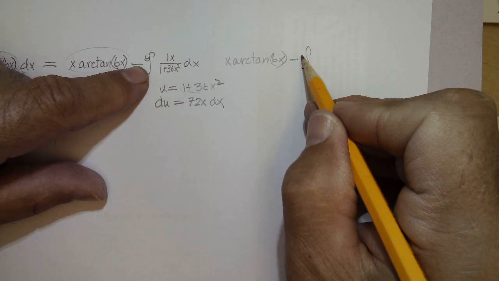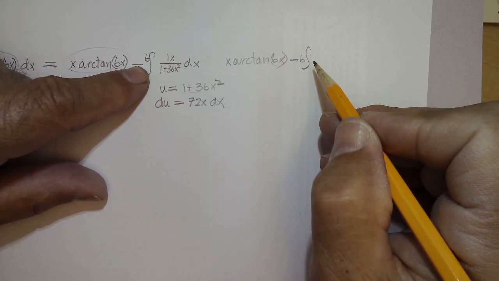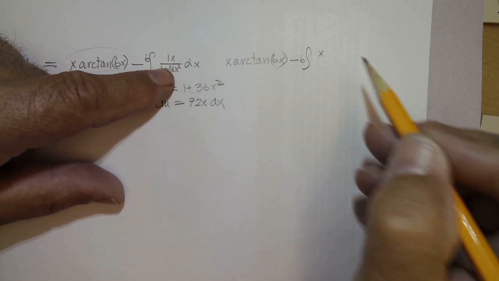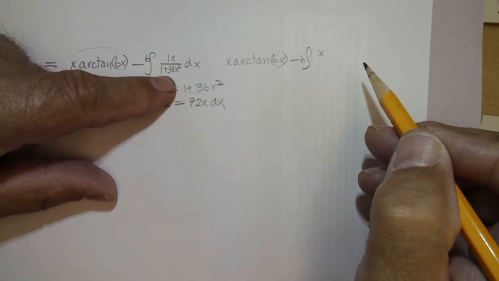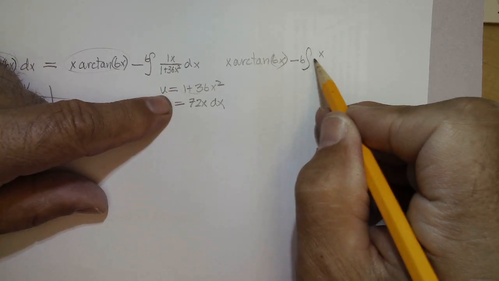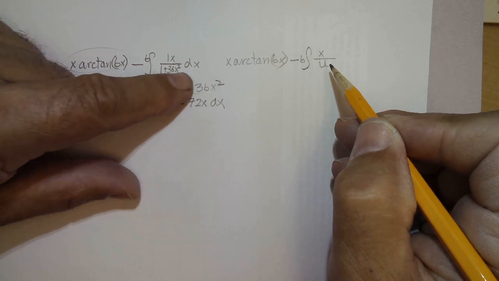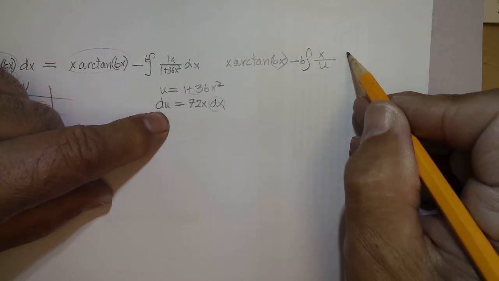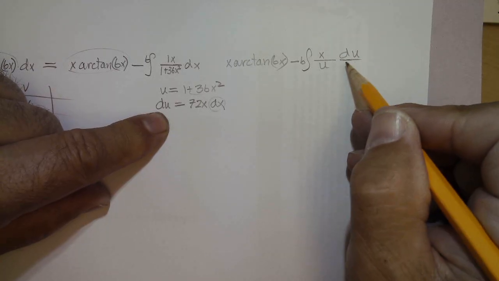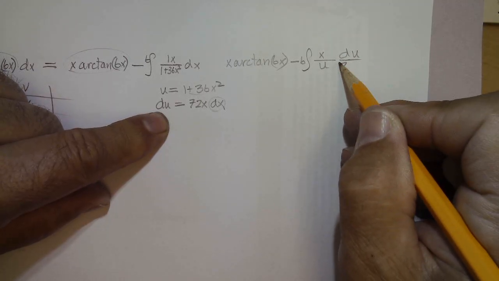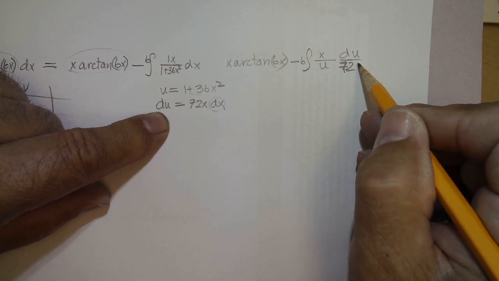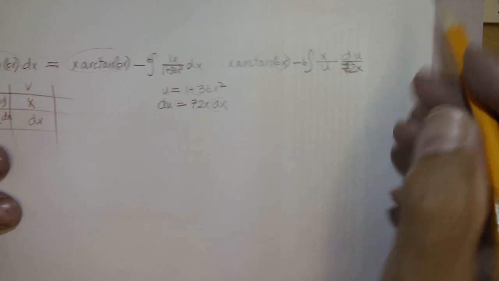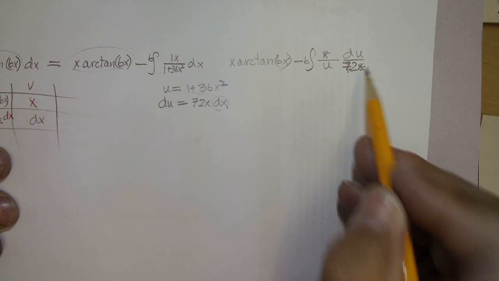I have a 6 on the outside. I have an x in the numerator. I'm calling that u. And I have dx, which is du over 72x. The x's cancel.